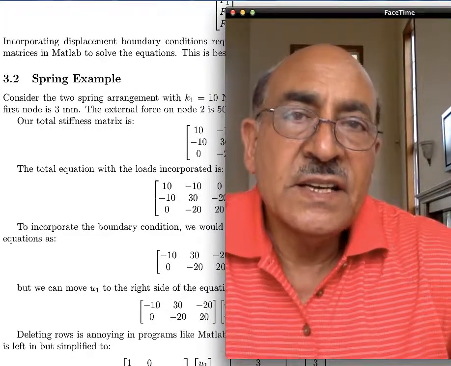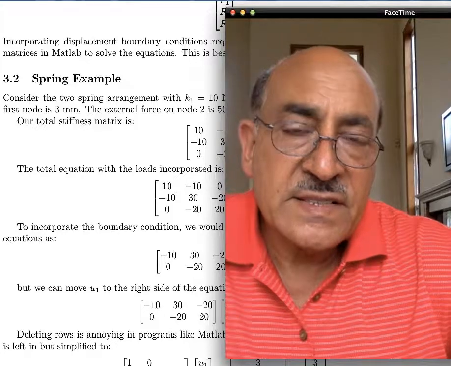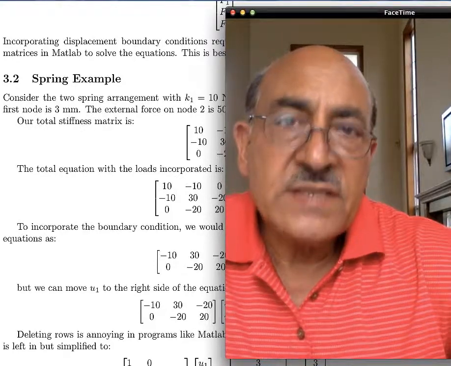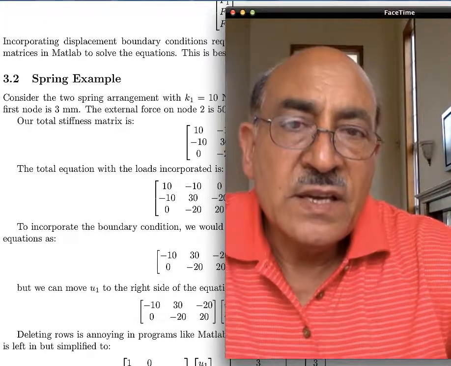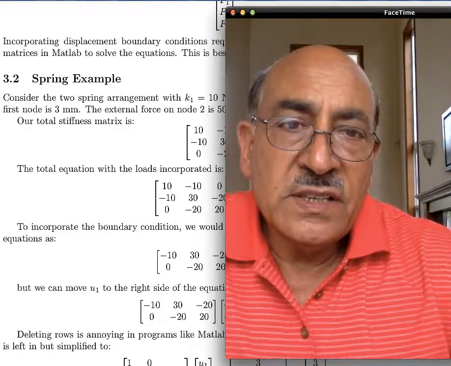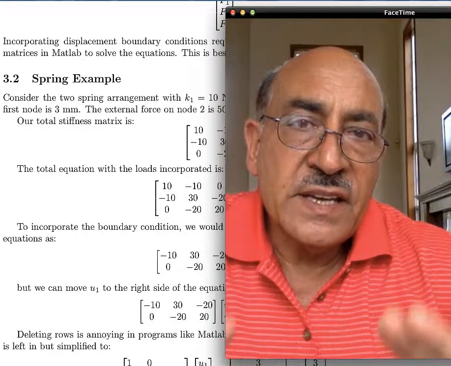In elasticity, the force is like the stress, and the stress is a kind of derivative of the displacement field. So we can only use one of them at a node.